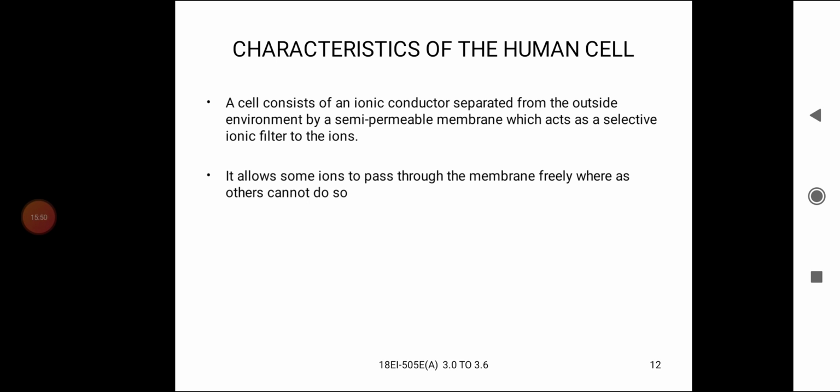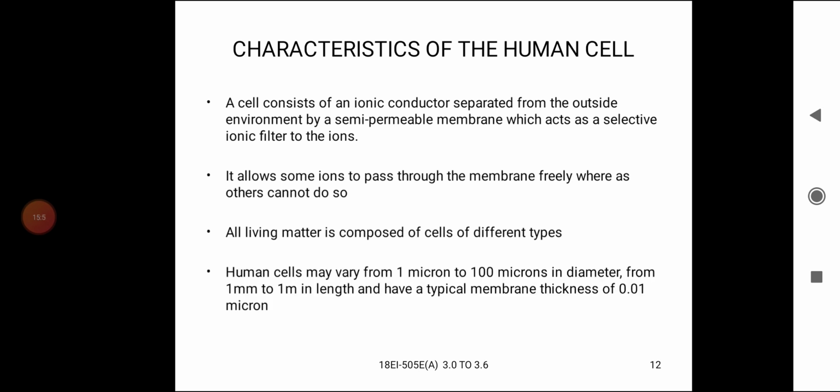So, all living matter is composed of cells of different types. Human cells may vary from 1 micron to 100 microns in diameter, from 1 mm to 1 meter in length, and have a typical membrane thickness of 0.01 micron.